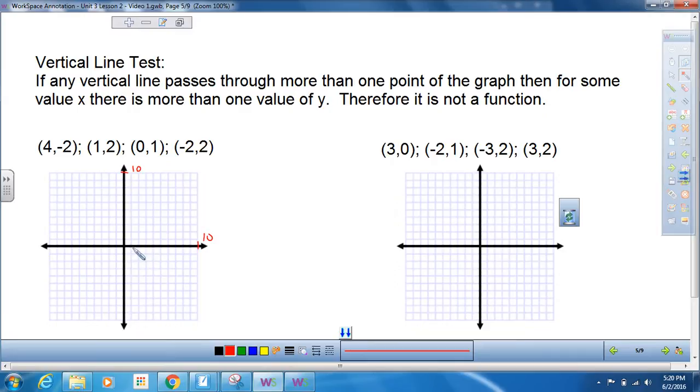Okay, so 4, -2. 1, 2. 0, 1. And -2, 2. What I'm going to do is draw vertical lines through each of these points and see if any of my vertical lines hit more than one point.